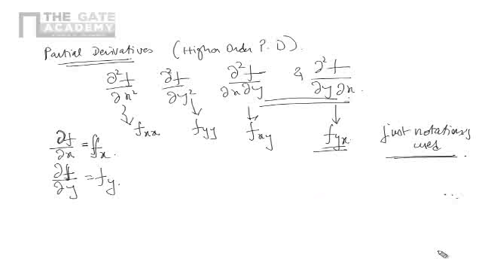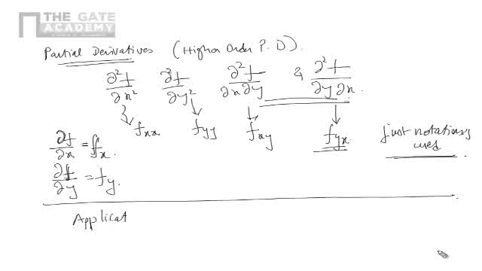Now, after doing all these things, what is the ultimate conclusion where we are heading to? What is the use of doing all these things? Am I solving all these just to complete a portion, or is there any meaning out of this? That is the more important thing we should understand. Yes, the application of partial derivatives. This is where we are most interested as engineers.